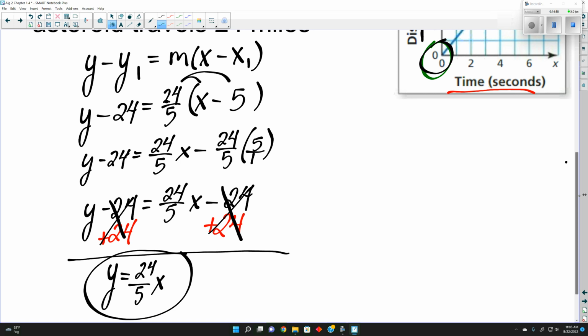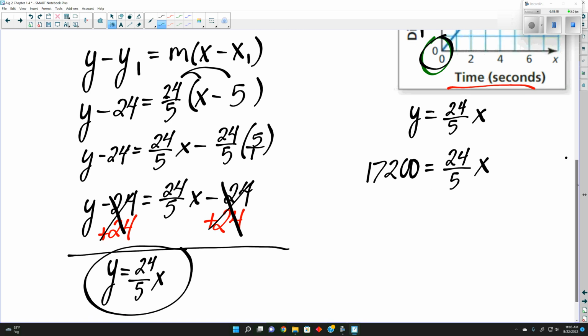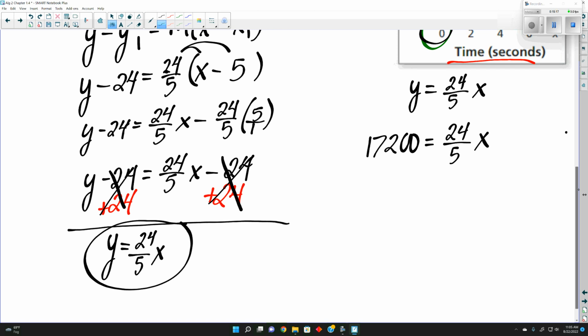X is time and y is distance. So to figure this out, we're going to take our equation and replace y with 17,200, because y is our distance. So if we want to know how long it takes to travel 17,200 miles, we're going to replace y with that amount and then solve for the value of x.